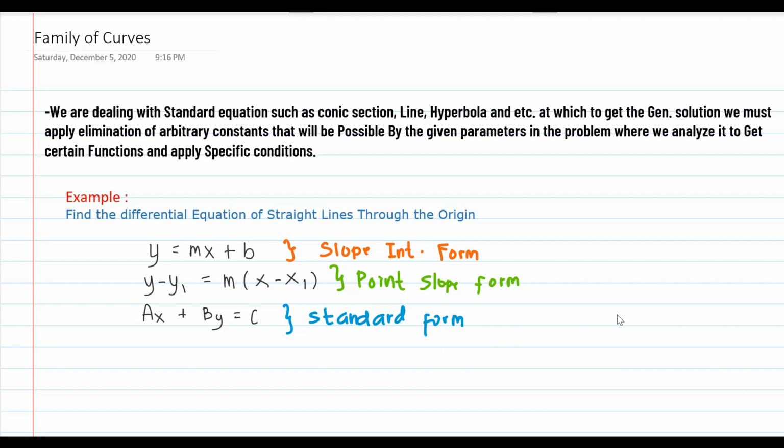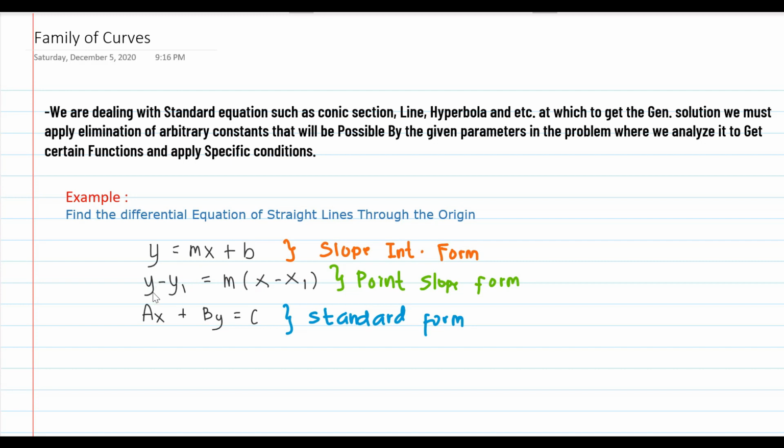So, the problem describes the equation of straight lines through the origin. When we recall, during our pre-calculus days, there are three forms of equation that describes straight lines. First is y equals mx plus b, which is the slope-intercept form.